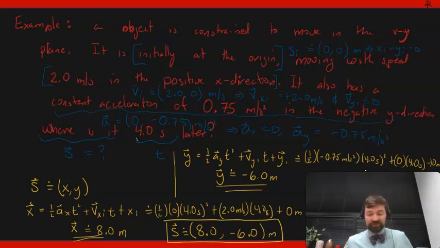We could, however, convert it to polar. The result will be 10 meters away from the origin in a direction of about 323 degrees counterclockwise from the positive x-axis.